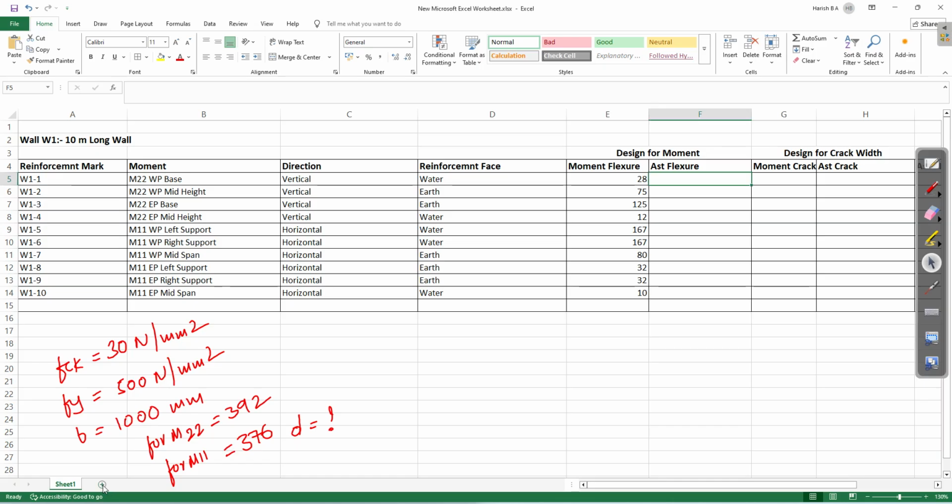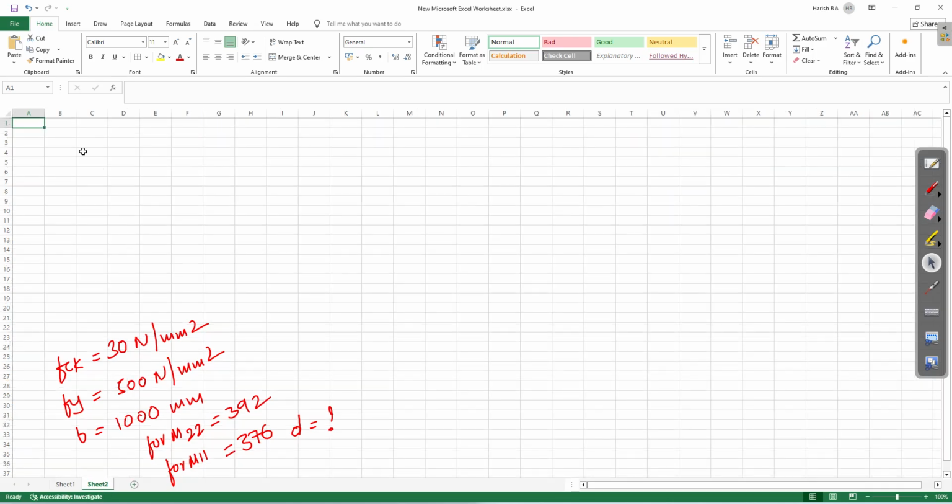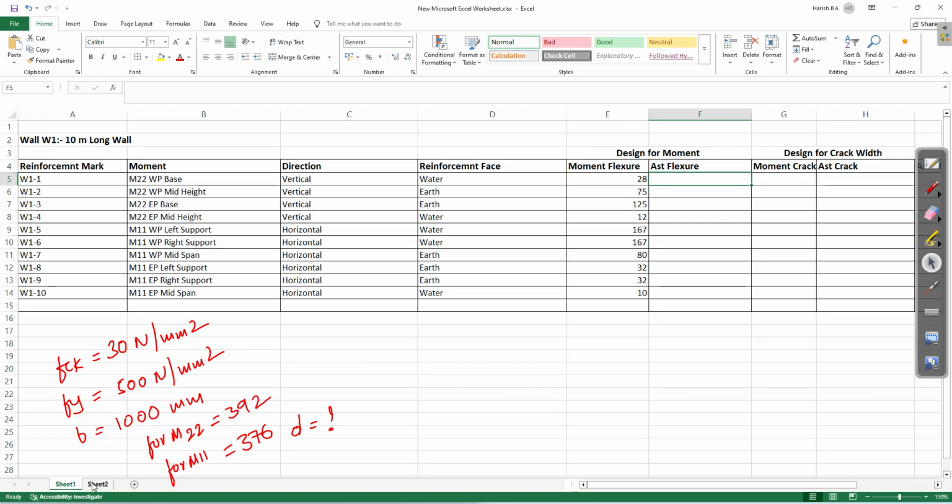So you go to a new sheet. FCK 30, grade of steel 500, width 1000, D 392, and your first moment value is 28.